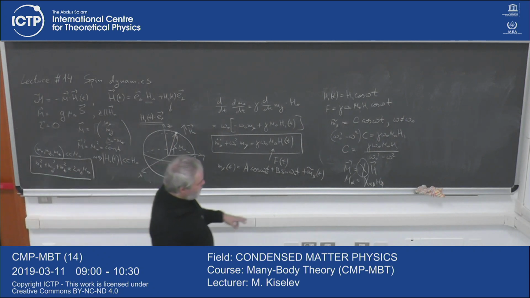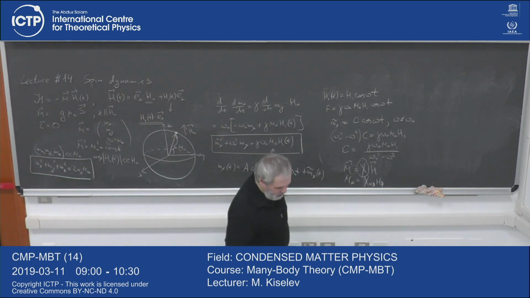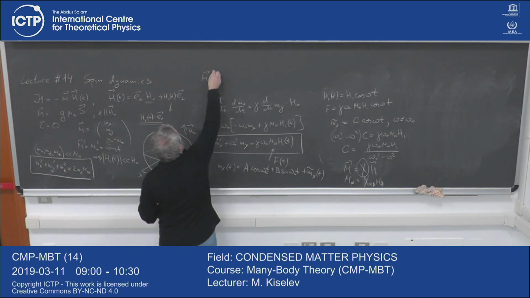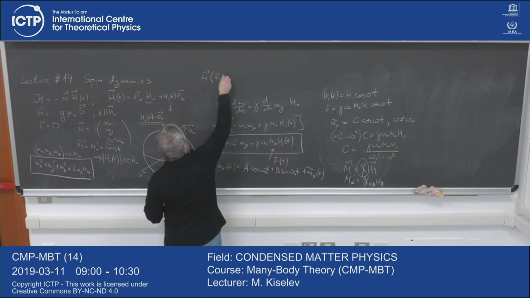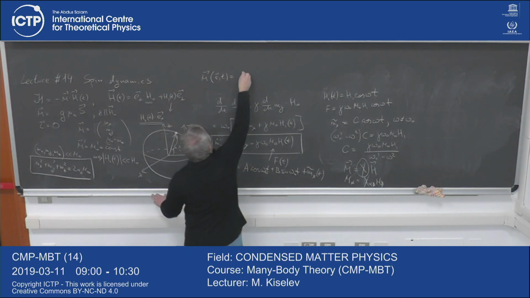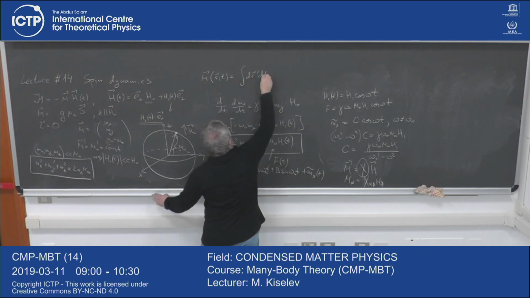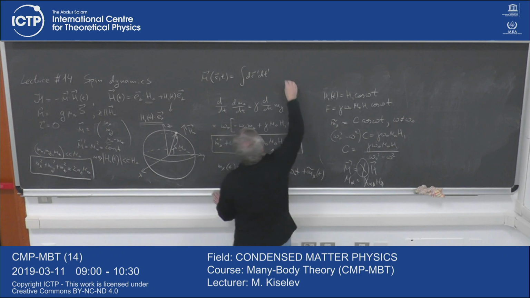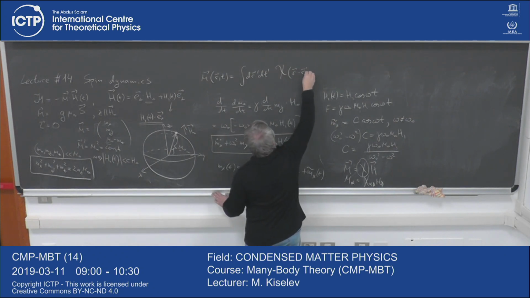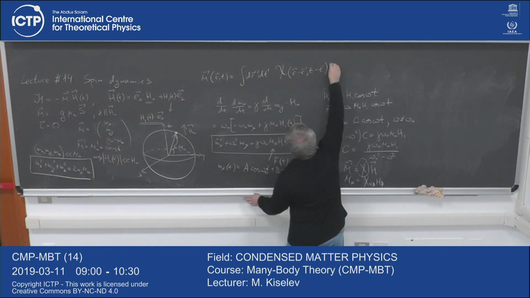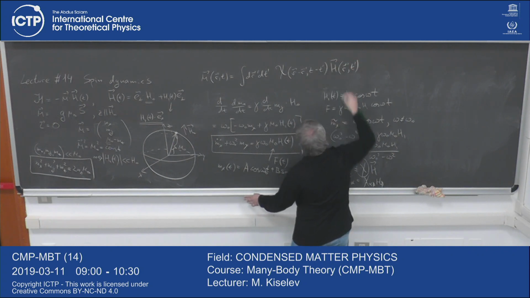However, in order to write a general equation assuming spatial and time dependence, we can write that the magnetization computed at a point r and t is connected to the integral dr prime dt prime of some function chi, which is r minus r prime, t minus t prime, times h at the point r prime and t prime.